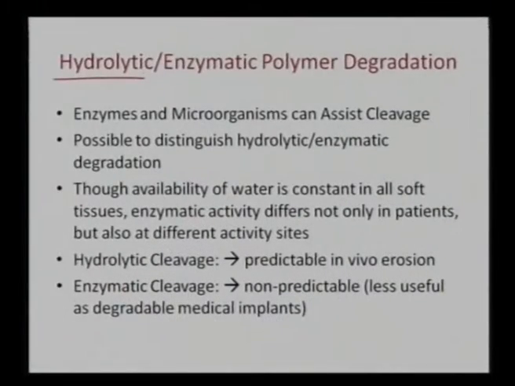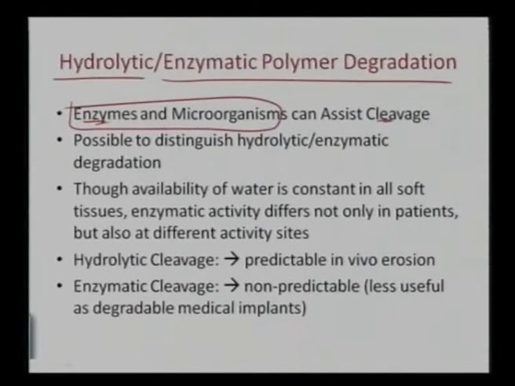And in certain cases, in hydrolytic or enzymatic polymer degradation, enzymes can also sometimes assist cleavage apart from only the water or the hydrolytic environment. Sometimes enzymes and microorganisms can also serve as an agent to cleave the particular bonding between the polymeric chain.